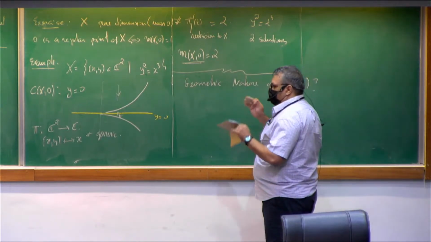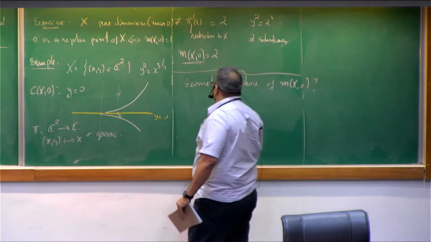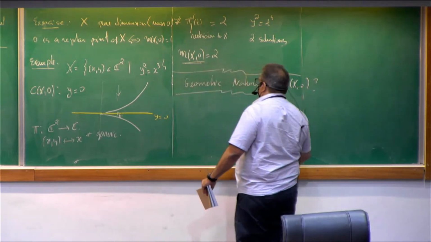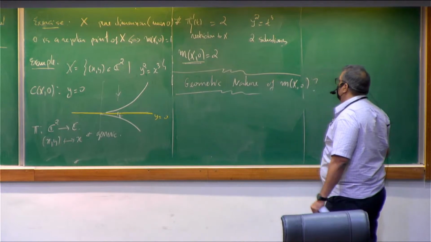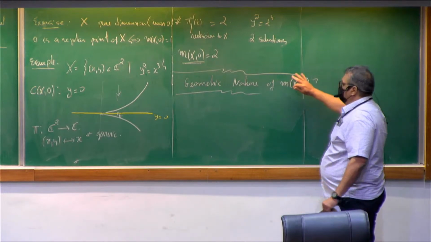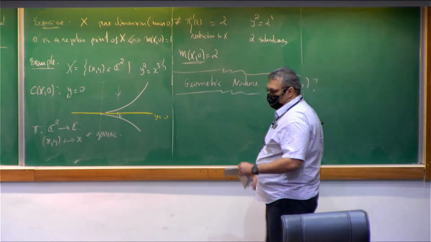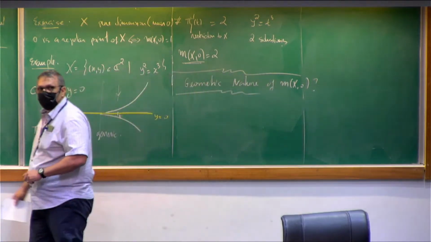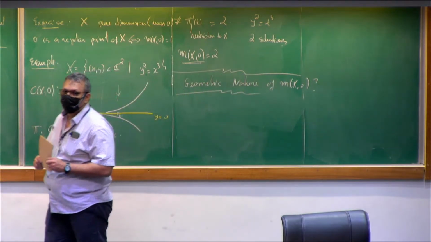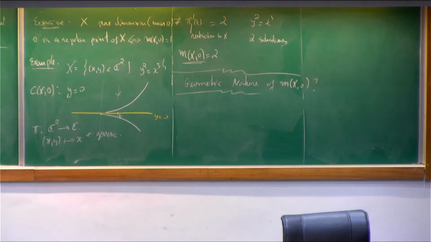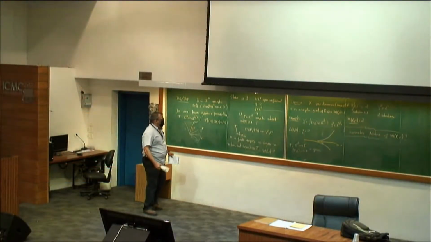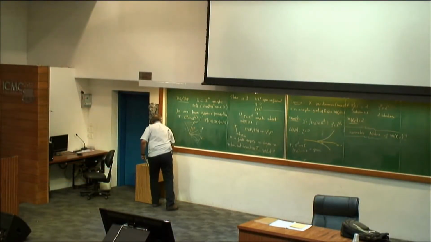So this is a nice thing to think about, okay? And we start to think about such a number. Then you have to introduce some definitions. Is it okay? Any questions? No. No questions.